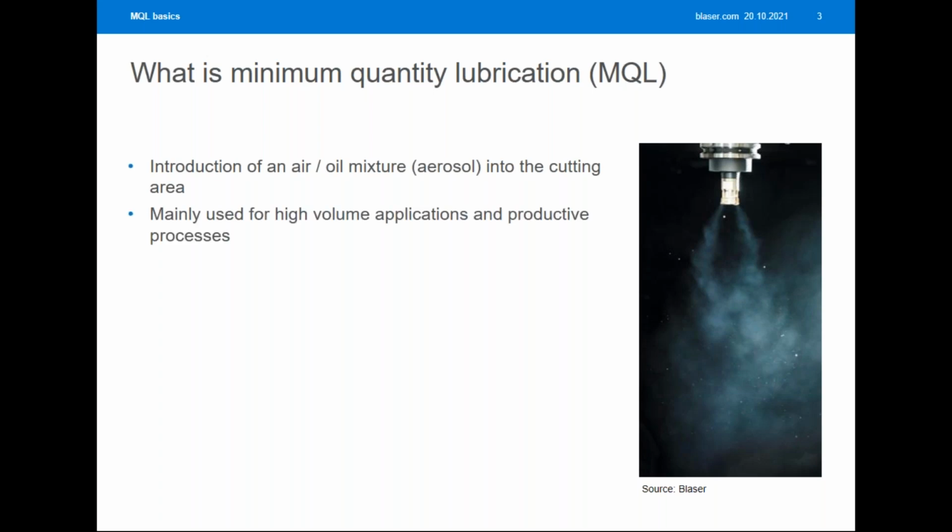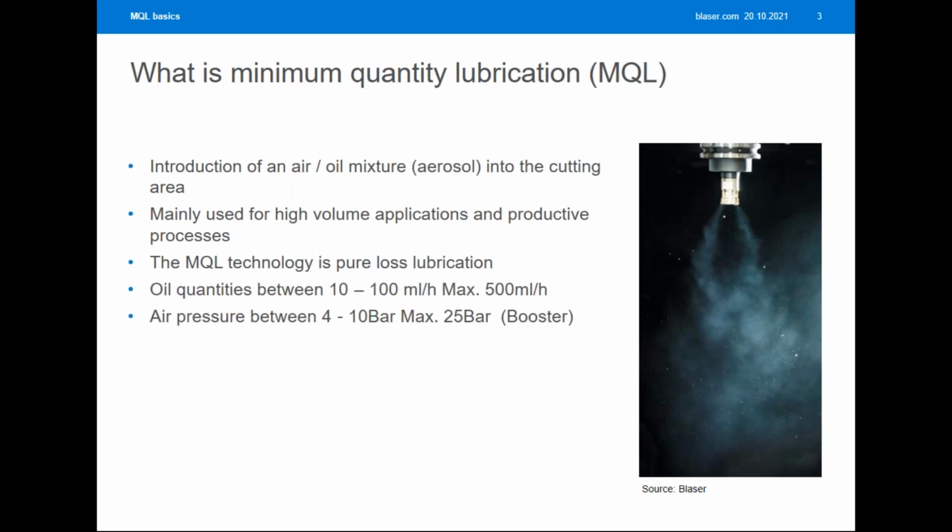It is mainly used for high volume applications and productive processes. So you really need the size of the series to make MQL work out for you. It is a pure loss lubrication, so the oil you bring into the process is used up.